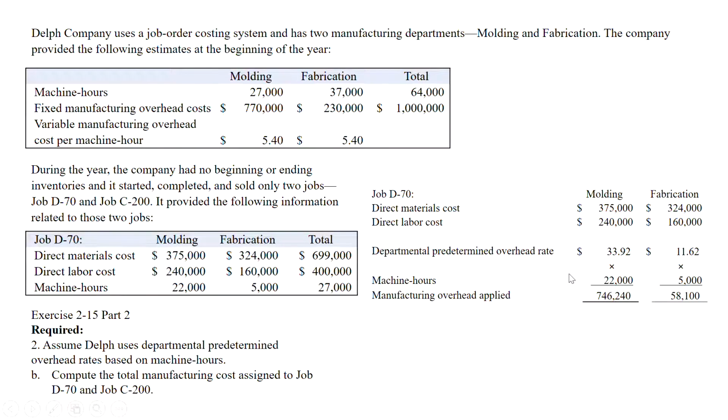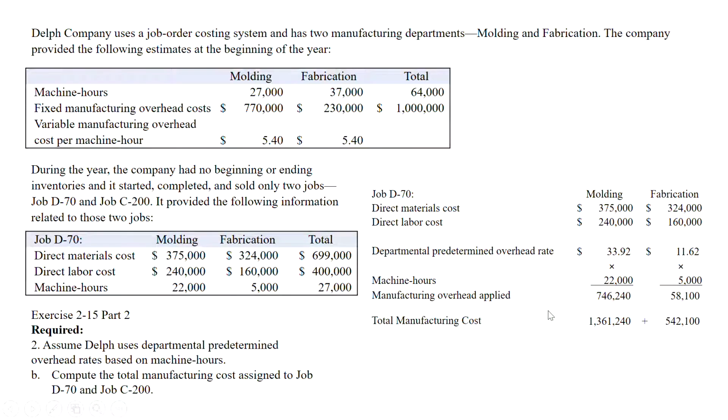So for molding, 33.92 times 22,000 actual hours gives us manufacturing overhead applied to molding of 746,240. Similar for fabrication, but a different rate, 11.62 times actual fabrication hours of 5,000 gives us overhead we're going to apply to fabrication of 58,100.